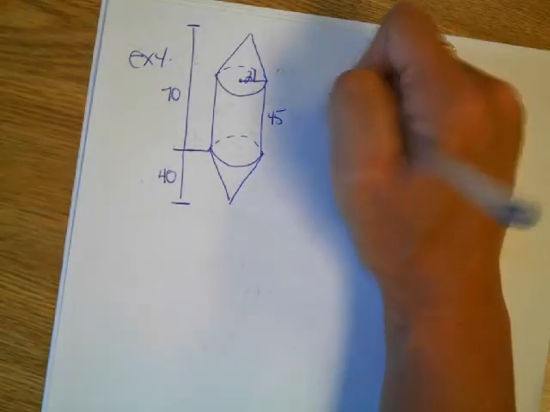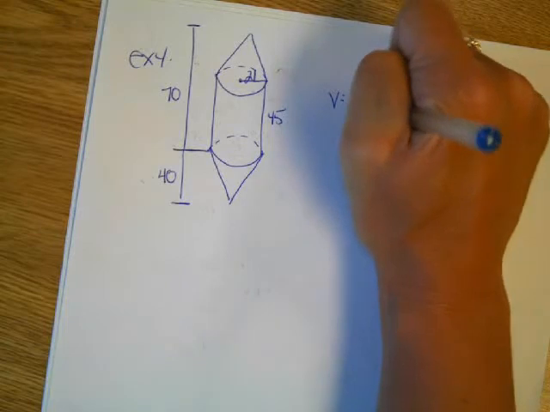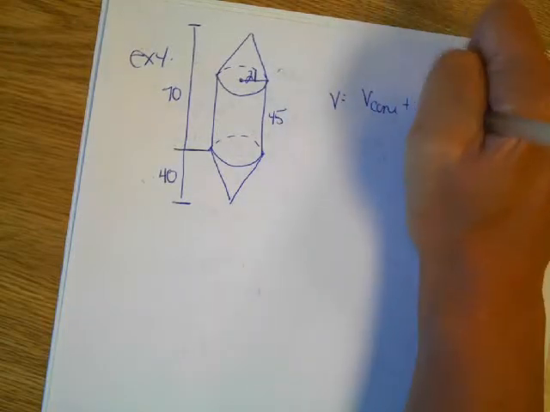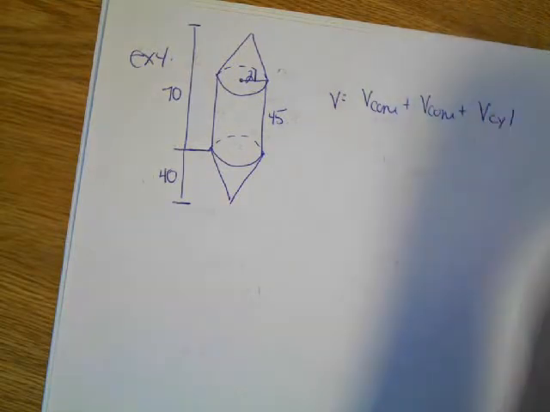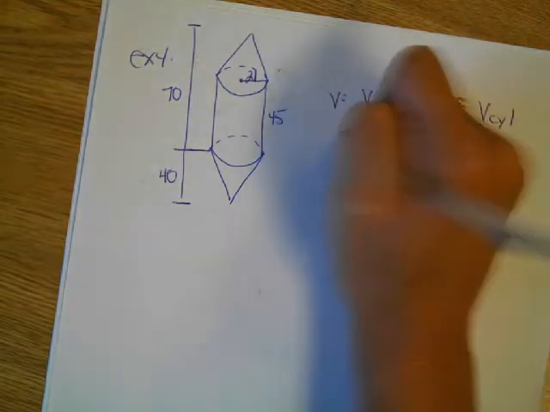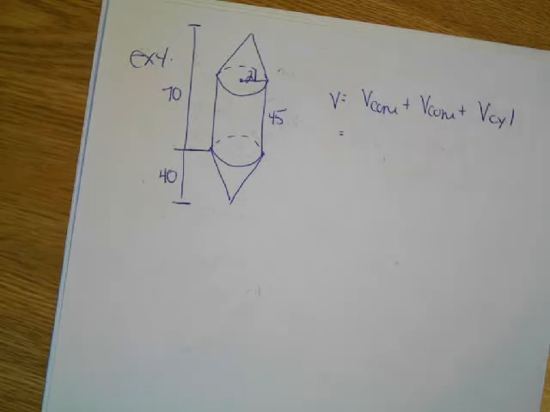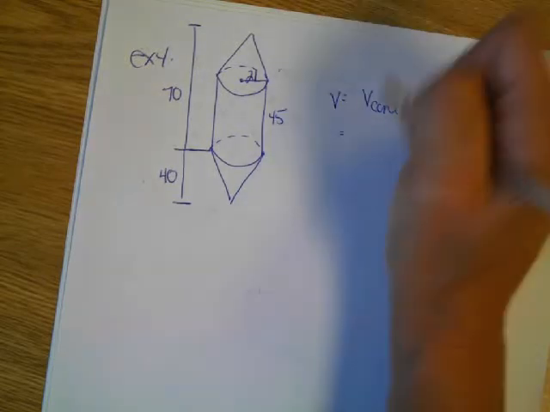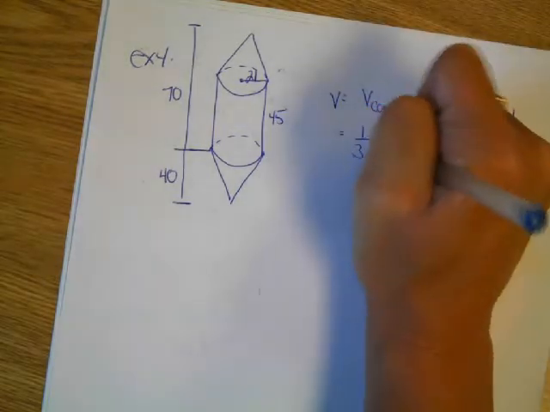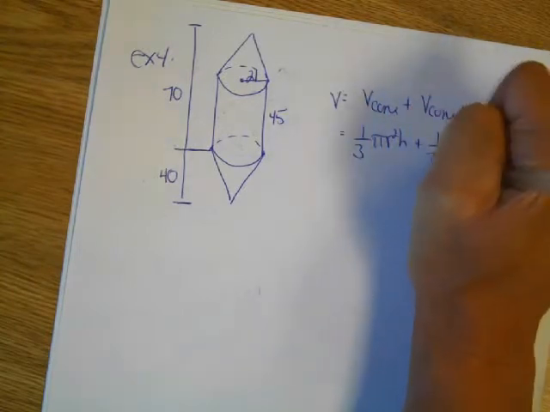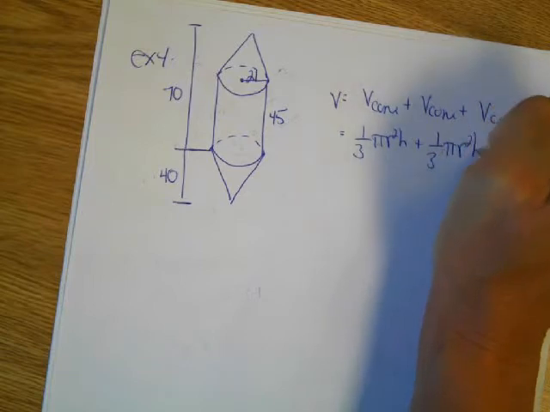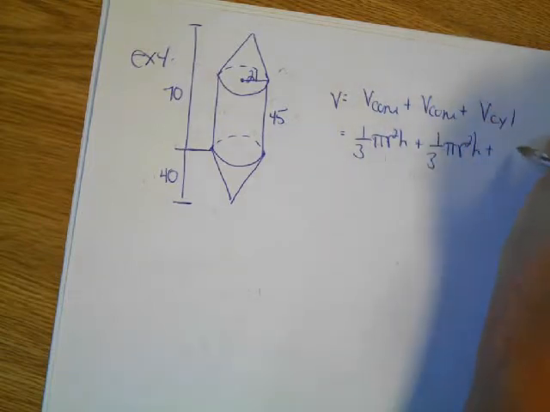So our volume formula is going to be the volume of a cone plus the volume of another cone plus the volume of a cylinder. Now the formula, looking back on the sheet, cone is 1/3 pi r squared h, another cone. And then the cylinder is pi r squared h.